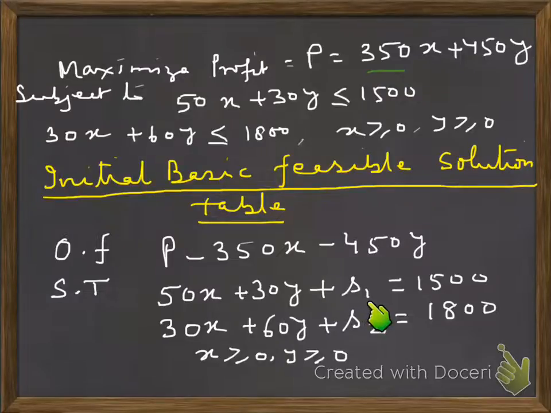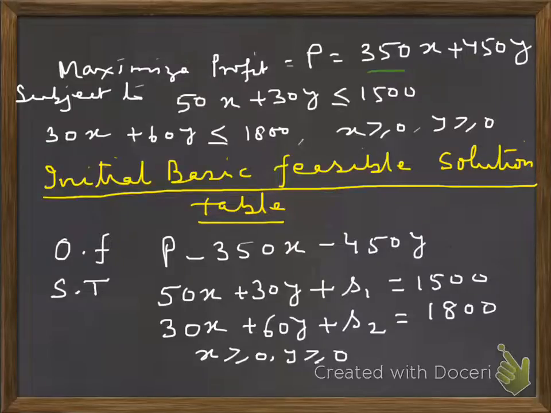The coefficient of this is plus 1. So s1 can be taken as a basic variable. Similarly, from the second equation too, you get s2 as a basic variable because it is present only in this equation. You don't see s2 in the first raw material equation or in the objective function line. So s2 is a candidate for basic variable and its coefficient is plus 1. So s2 can be taken as basic variable from the second constraint.